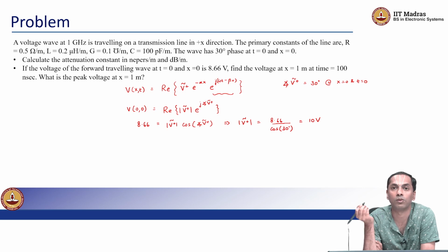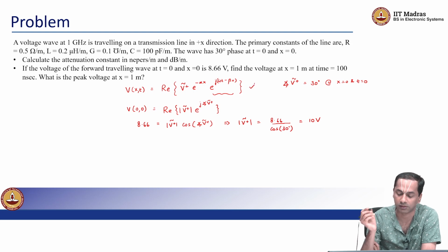So now you know what the magnitude of V plus phasor is, and the next part of the question should be fairly straightforward. Now you should essentially be able to tell what the voltage is at any x comma t. If this was the only wave that was traveling along this transmission line, and if this transmission line is never ending and there is no loads or sources for reflections, you essentially know the voltage on this transmission line at any x and any t, because you just know this expression, right.